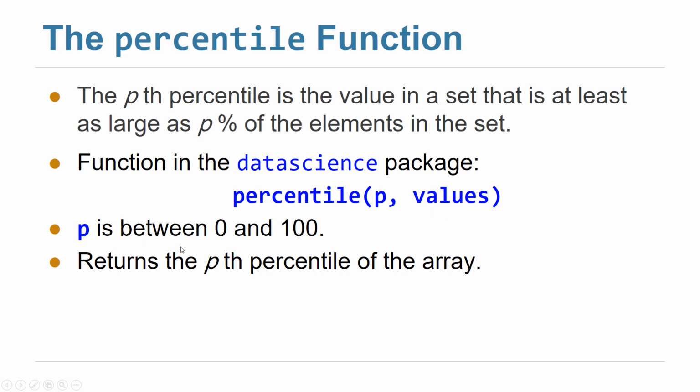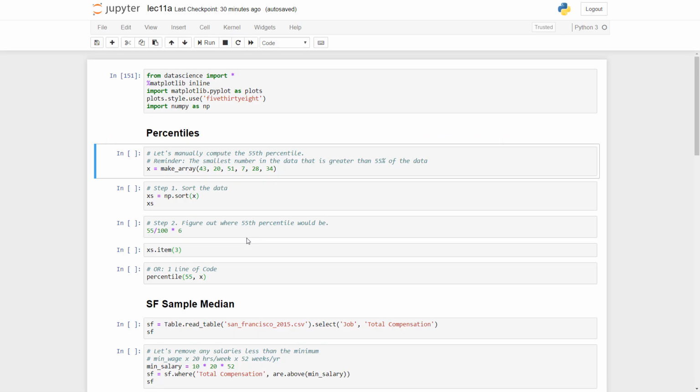Of course, p has to be somewhere between 0 and 100, and it will return the pth percentile of the array. It uses the same definition that we just mentioned, which is that the pth percentile is the value in the set that is at least as large as p% of the elements in the set, or in the array. Let's see a quick demo on percentiles to make sure that you understood what we just discussed.